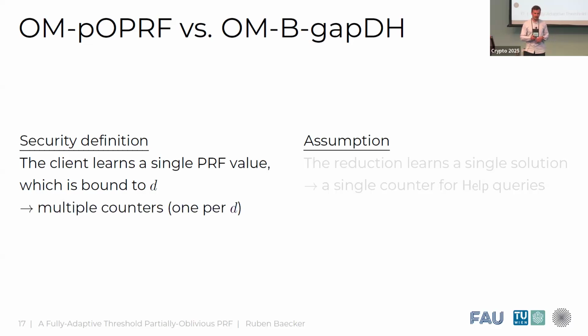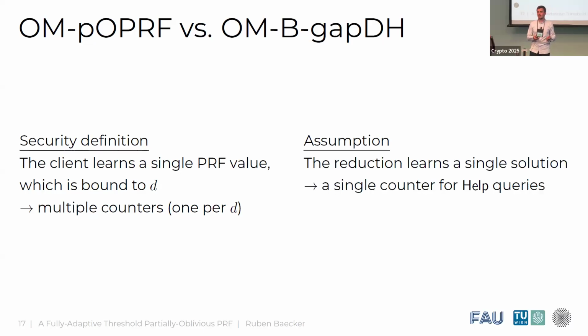So what we actually have are multiple counters for the one-more assumption, specifically one per domain. On the assumption side, we just say the reduction learns a single solution per help oracle query. So we just have a single counter for help queries, no matter what you query the help oracle on. And that gap actually leads to a problem.